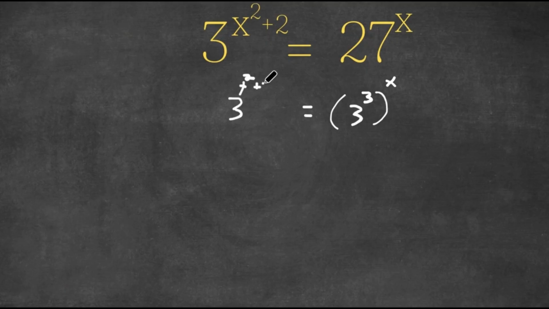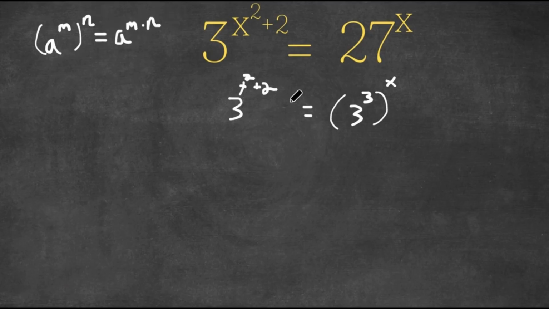Now, if we have something in the form a to the power of m to the power of n, this is actually equal to a to the power of m times n. So this is an important property of exponents.